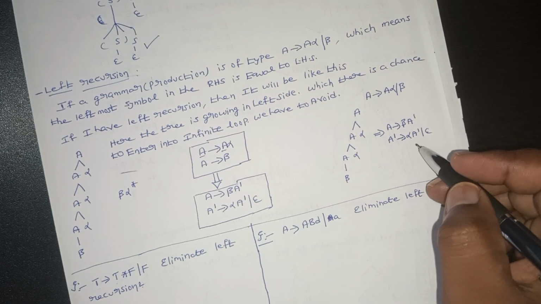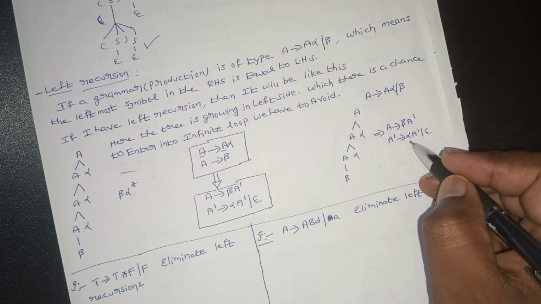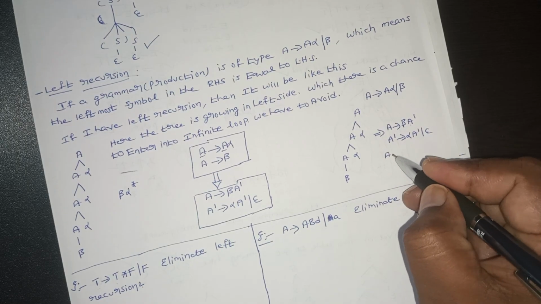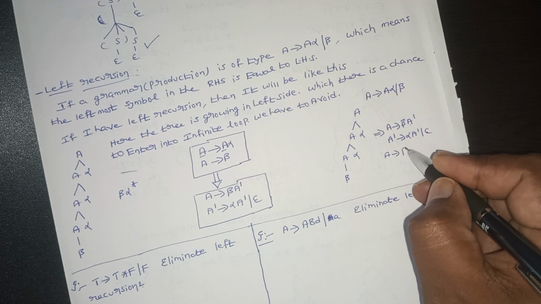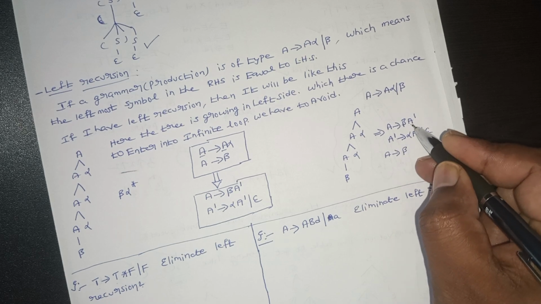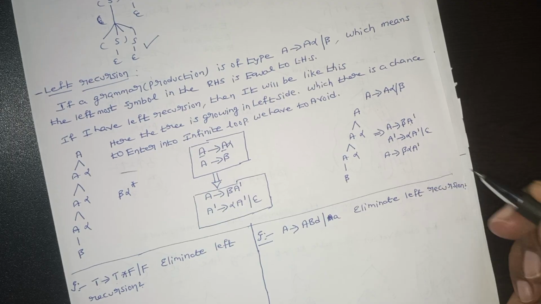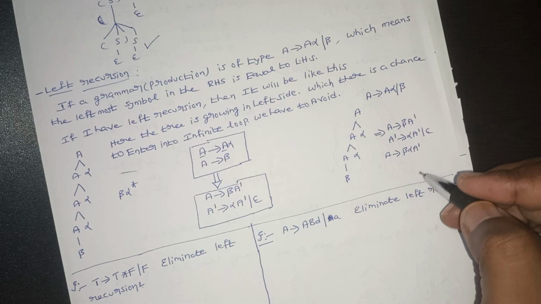For example, I am replacing in the place of A dash. If I write like this, what will happen? A tends to beta, and in the place of A dash, I am writing alpha A dash.